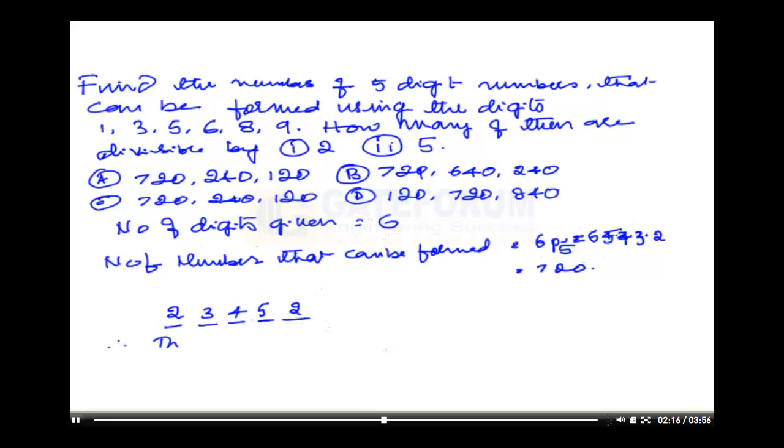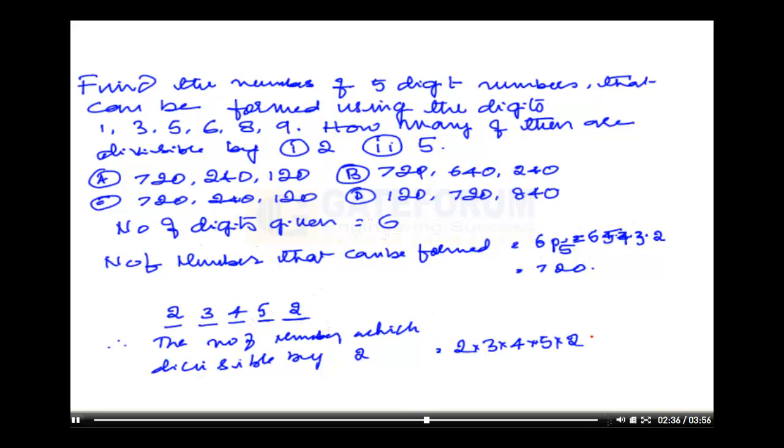Therefore, the number of numbers which are divisible by 2 is equivalent to 2 into 3 into 4 into 5 into 2, that is equivalent to 240.